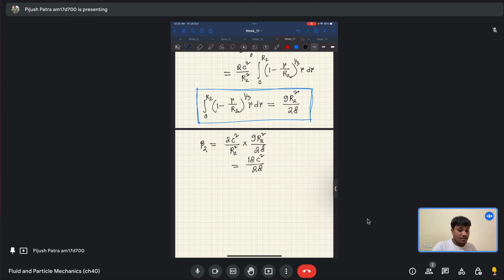So it depends on the relationship, what is the value of c? What is the value of c?